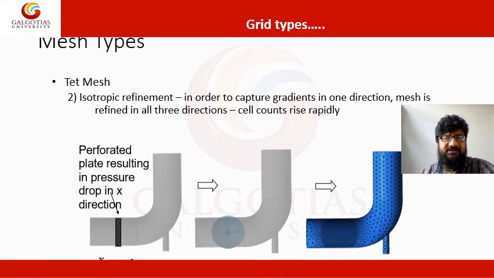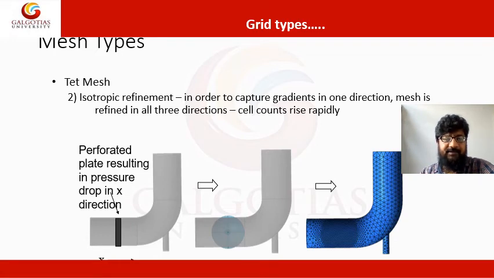In tetramesh, local refinement can be done in order to capture gradients in one direction, because if we increase the mesh count in all directions, the number of cells will increase and it will cost CPU time.